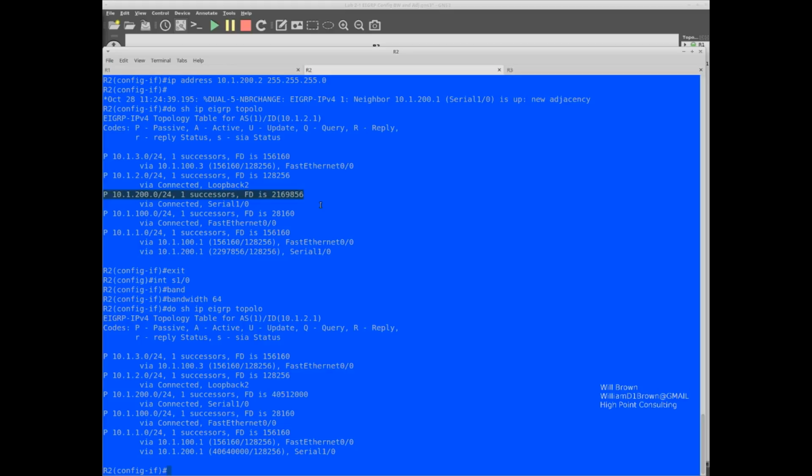So we see the feasible distance resulted in a DUAL recalculation. And later, once I have resolved my Wireshark matter, we can actually see the network going into what happens when it's doing the recalculation. So we see that one change. So let's see, for the 10.1.100, that's 2816.